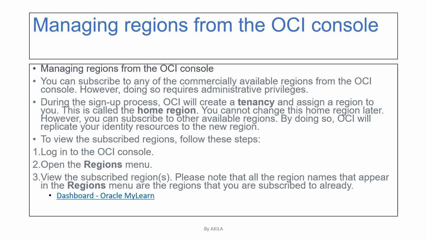For that purpose, we need to provide the tenancy and assign a region to you. This is called a home region, because we need to run our applications in the OCA region. That region is called a home region, and once you create it, you cannot change it later.